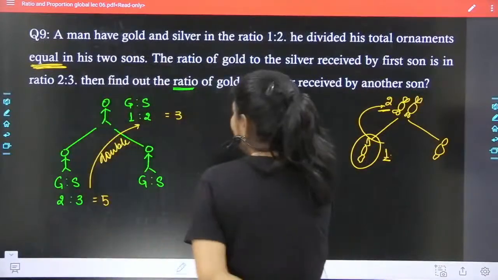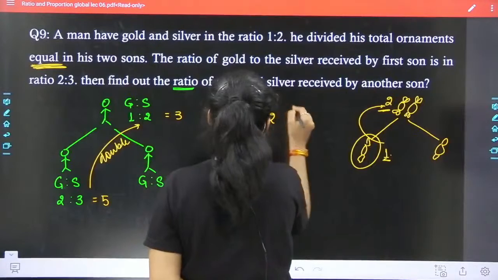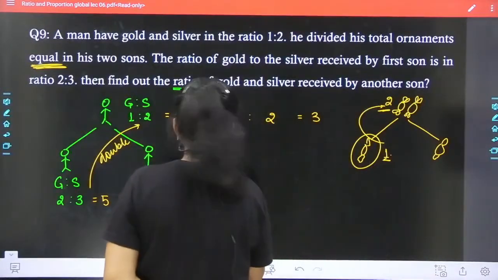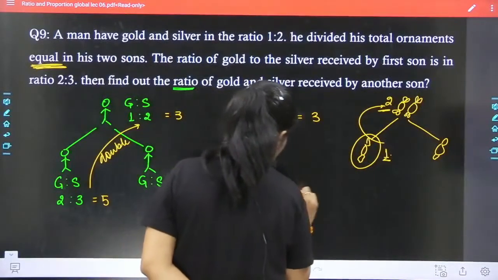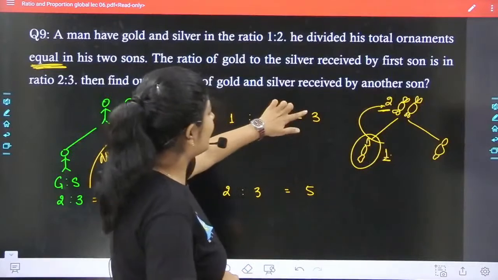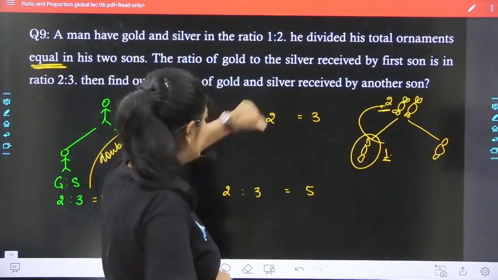Okay, I am having my original ratio as this, and the other ratio is this. I can't make it as 3. I can't make it as 10.